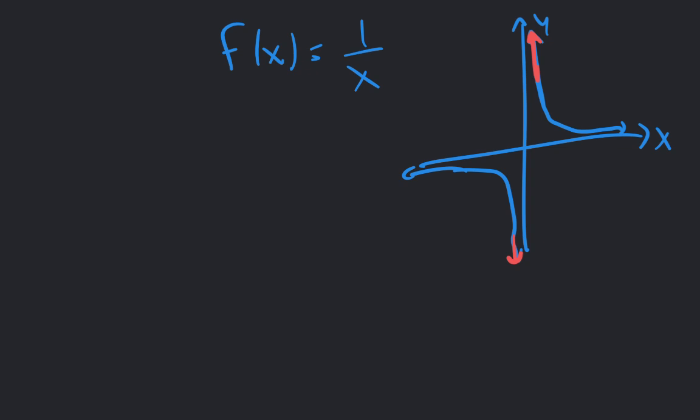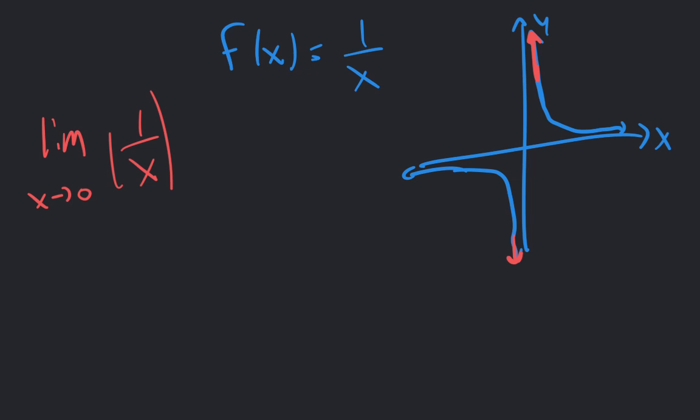So if we want to find the behavior as this function approaches 0, we cannot simply put a 0 in there, because dividing by 0 is a cardinal sin in mathematics. It's not allowed.